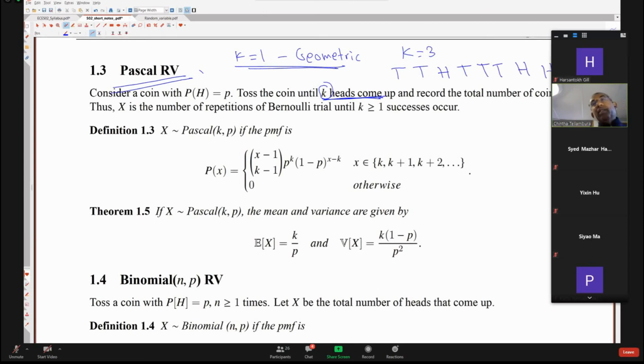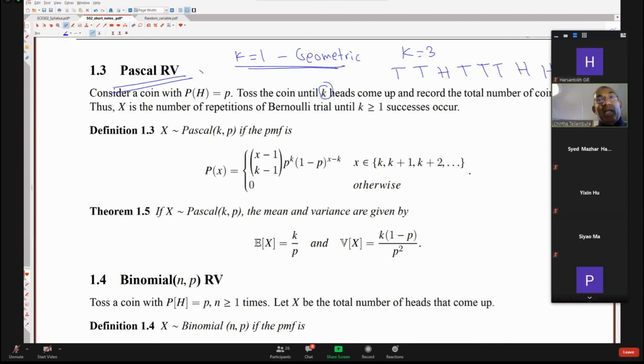Now I stop the experiment, because the success condition, k heads coming up, has been completed. So I can stop the experiment. 3 heads have come up.